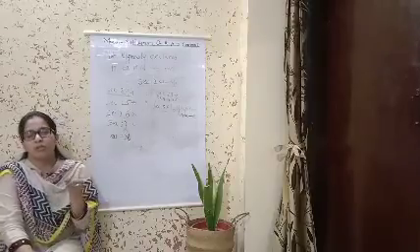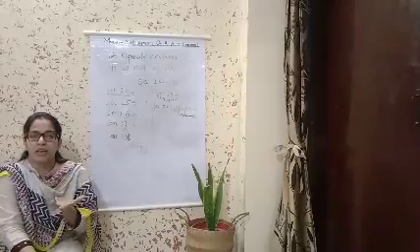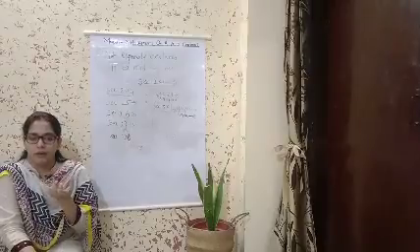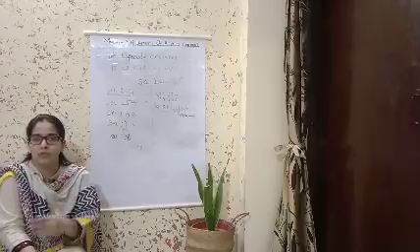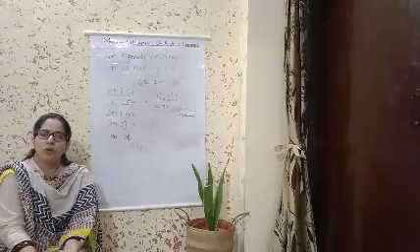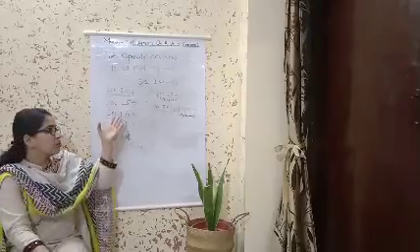And then we had consideration. We talked about free consent, and then we also talked about lawful object, and then we talked about competency of parties, not in detail of course, which we are going to deal with in our next module, and then we also talked about the certainty of the agreement and then legal formalities, and the last one, section 30.